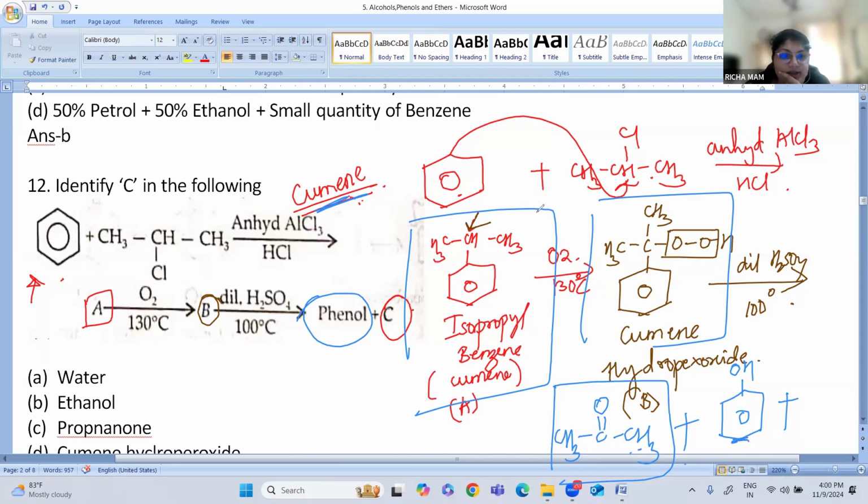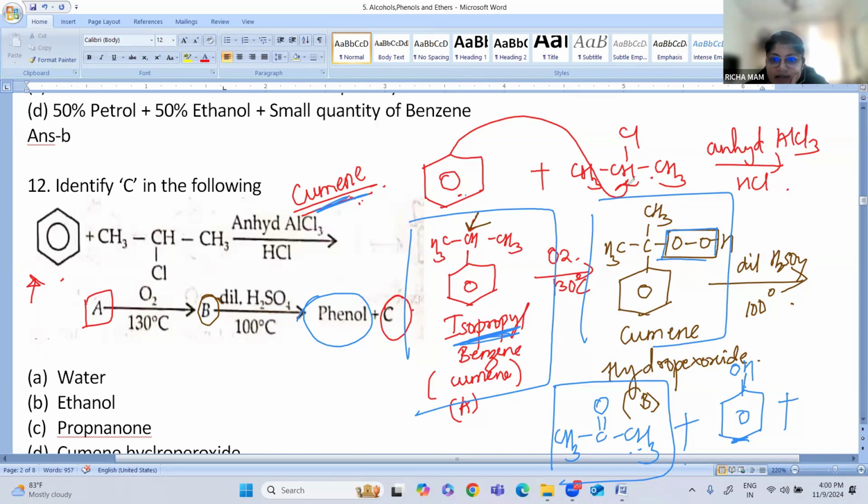And in organic chemistry, whenever you are writing the reaction, you should write the names also. If you know the names, write them, so that the examiner will be more convinced and happy seeing your structures with the names.